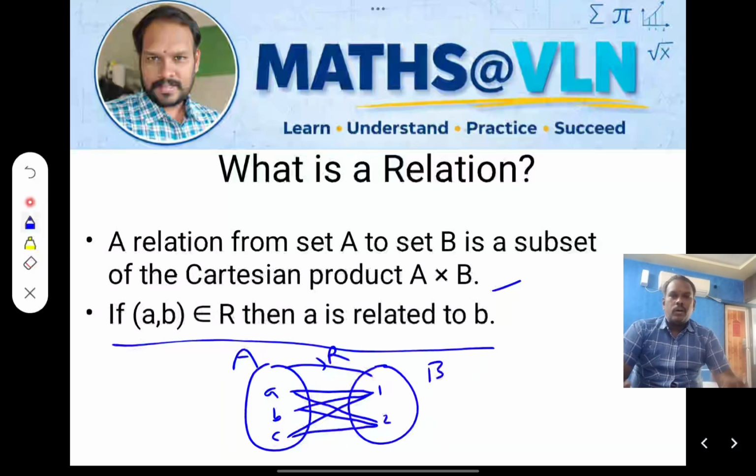These are the possible ordered pairs in the Cartesian product. Any one subset of this we call a relation from A to B.